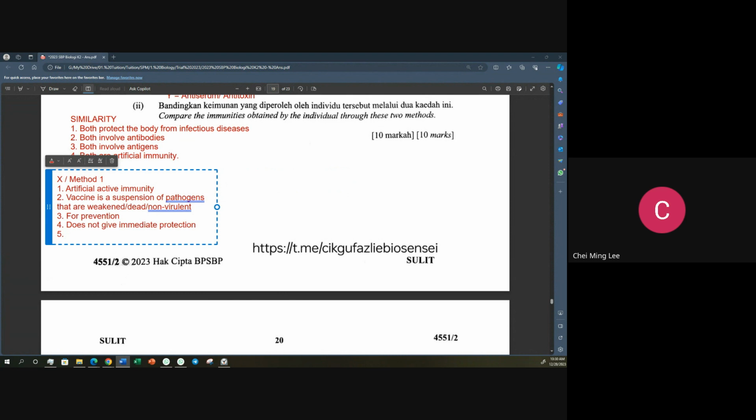And the immunity lasts for a long period of time.